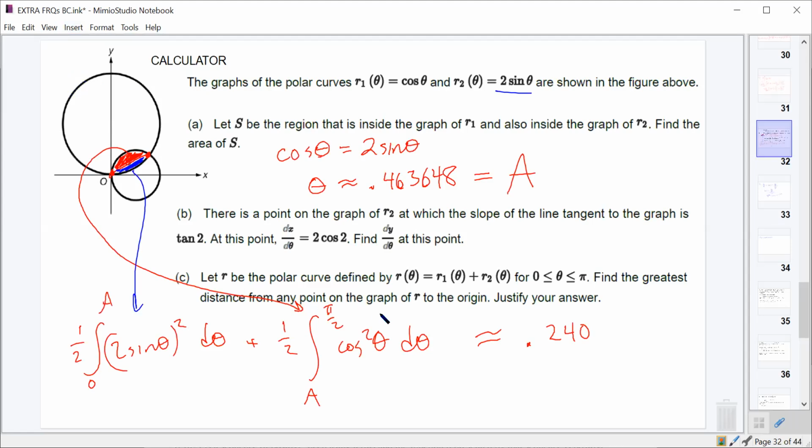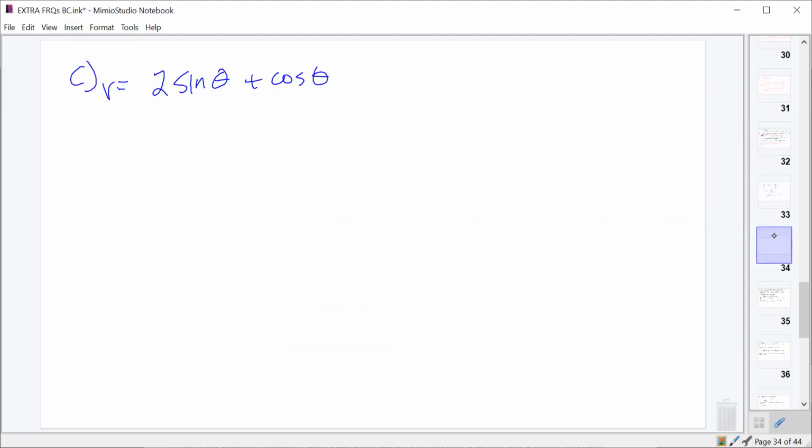All right, so we want to know the greatest distance from any point on the graph to the origin. And so all we need to do then is recognize that this function r equals 2 sine theta plus cosine theta represents the distance from the origin to the function. I mean, that's what a polar coordinate is.